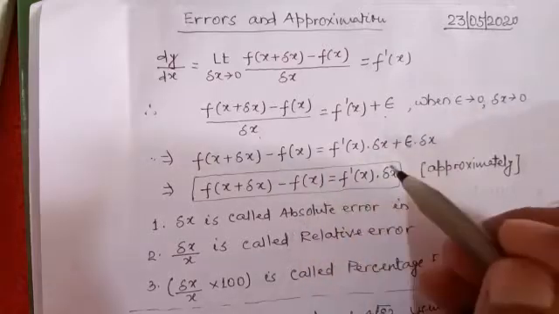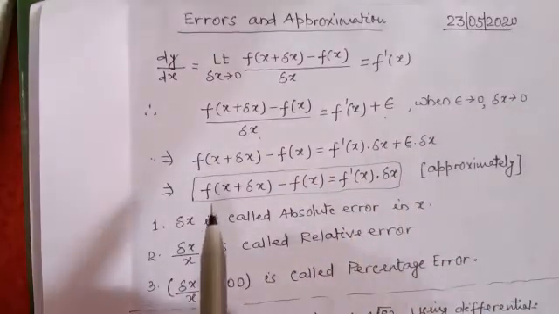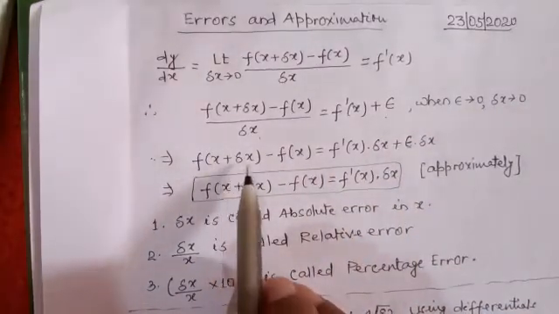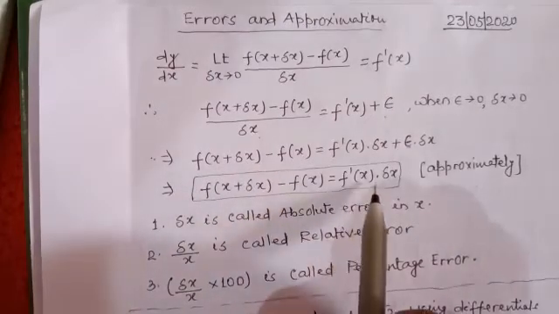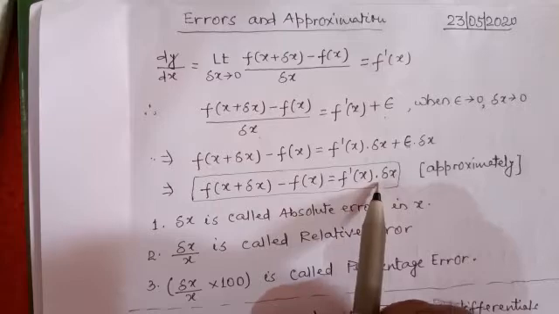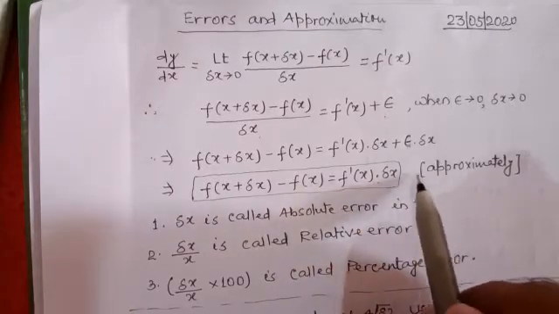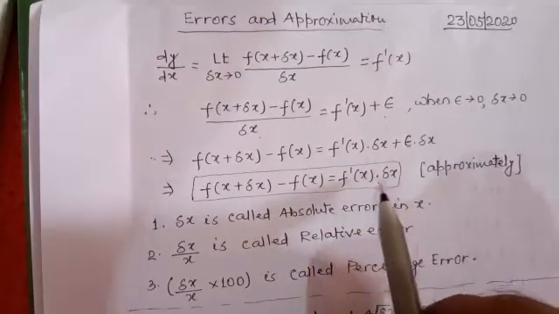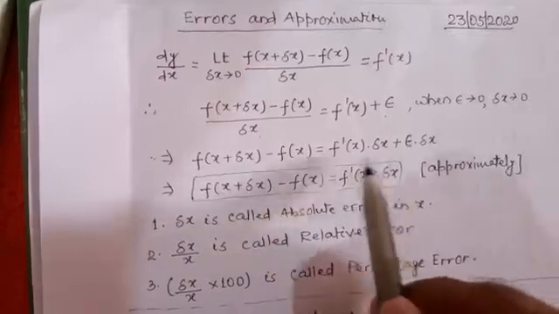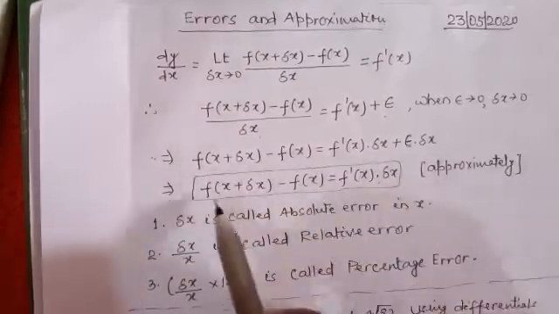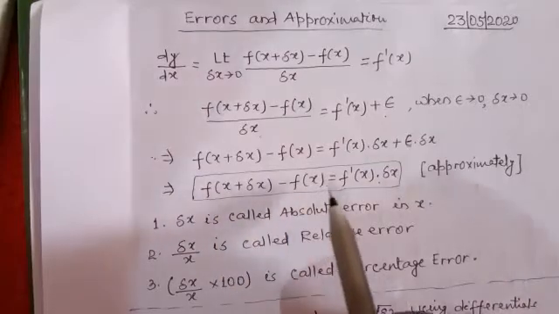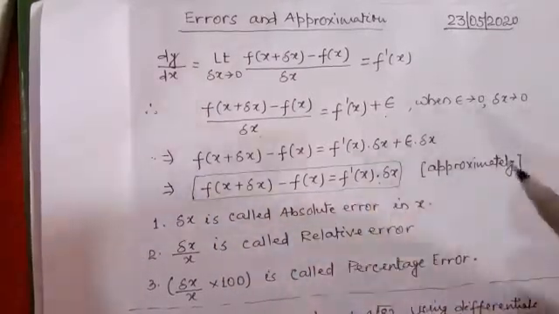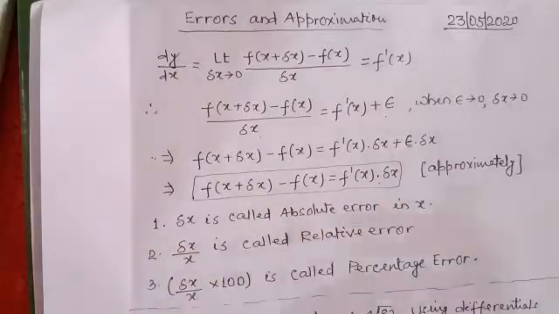Hence the approximate value is f(x plus delta x) minus f(x) is approximately equal to f dash x into delta x. This formula can be used to calculate the approximate value of any given function.